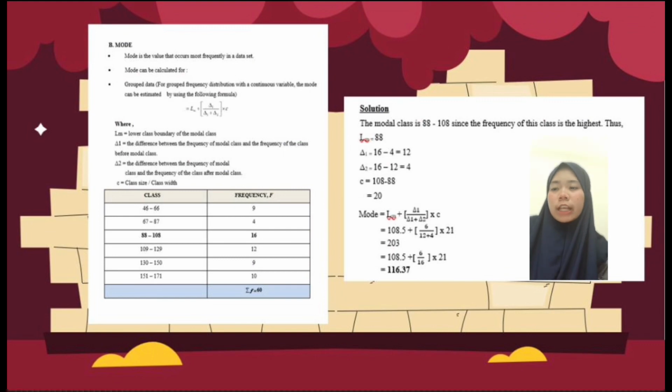Mode is the value that occurs most frequently in a data set. Mode can be calculated for grouped data. The solution is, and the total of mode is 116.37.